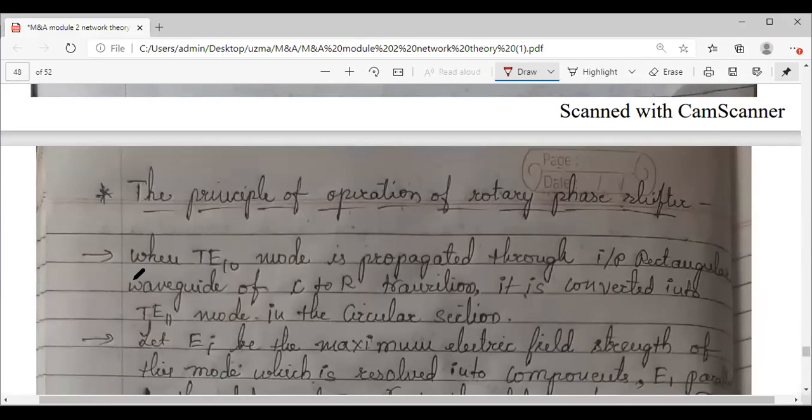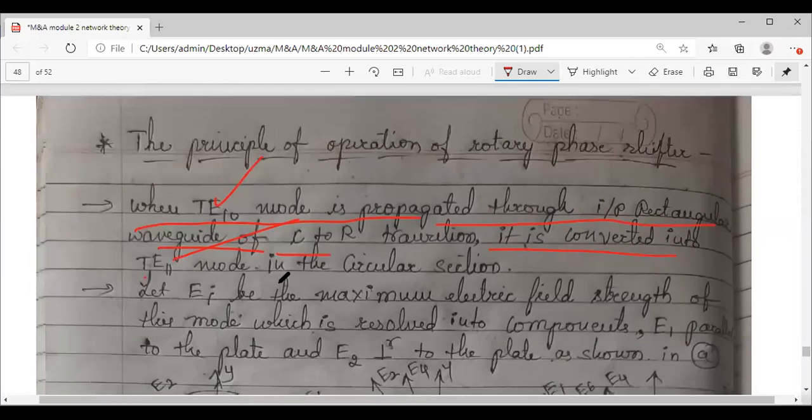Okay, when the TE10 mode enters the rectangular waveguide, say at the input port, the TE10 mode enters the input rectangular waveguide. Then it is converted to TE11. You know this already. Whenever there is a transition, the modes get converted.